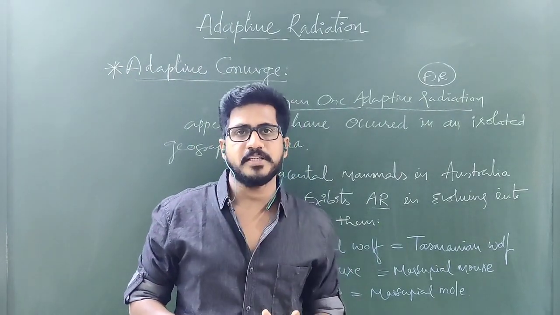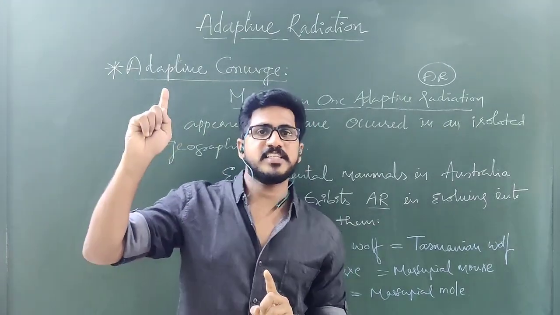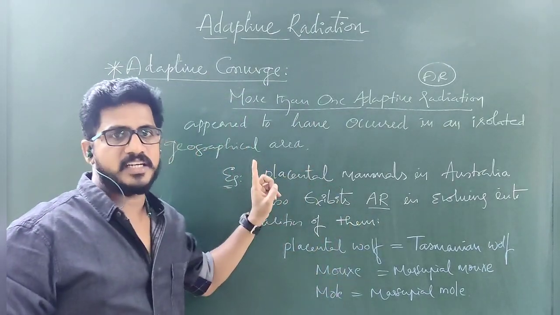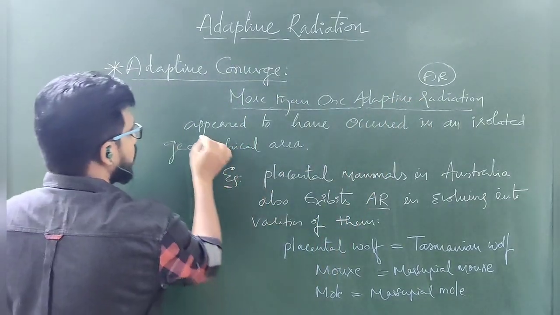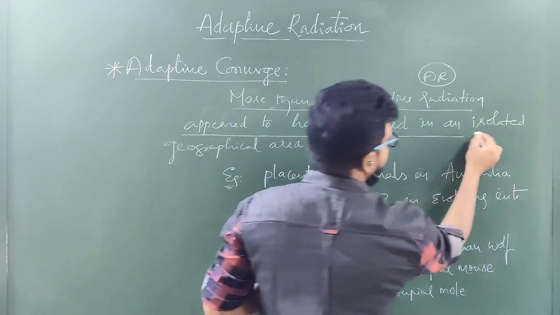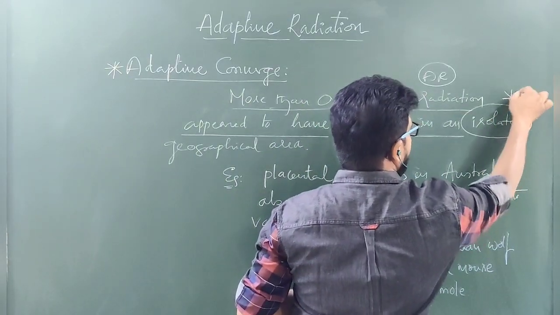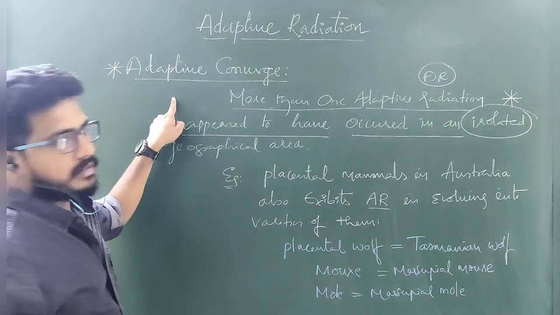Isolation means no separation. In convergent evolution, more than one adaptive radiation takes place that appears to have occurred in isolation. This is very important.